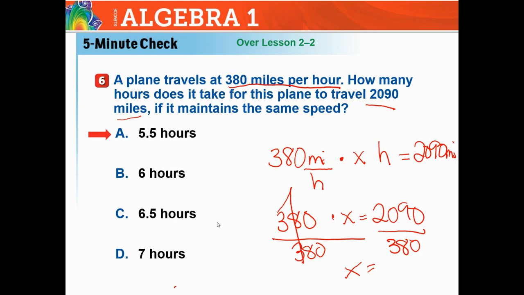So if you did this in your calculator, we should have 2090 divided by 380. Yeah, okay.